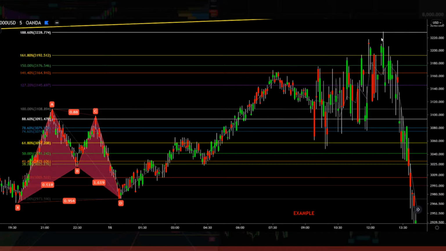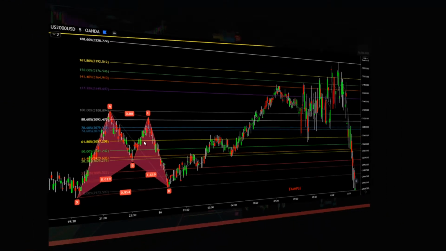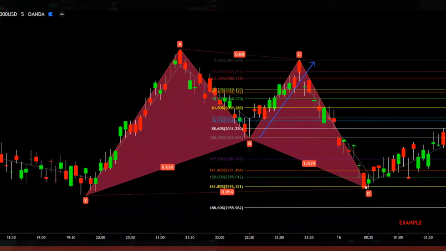So as soon as it responded to these respective levels, when you respond and hold a 188 or a 161 of any harmonic pattern, its price target naturally becomes its 100. Because just like we can see on this here, when this held the 161, its price target naturally would be the 100 in many patterns.